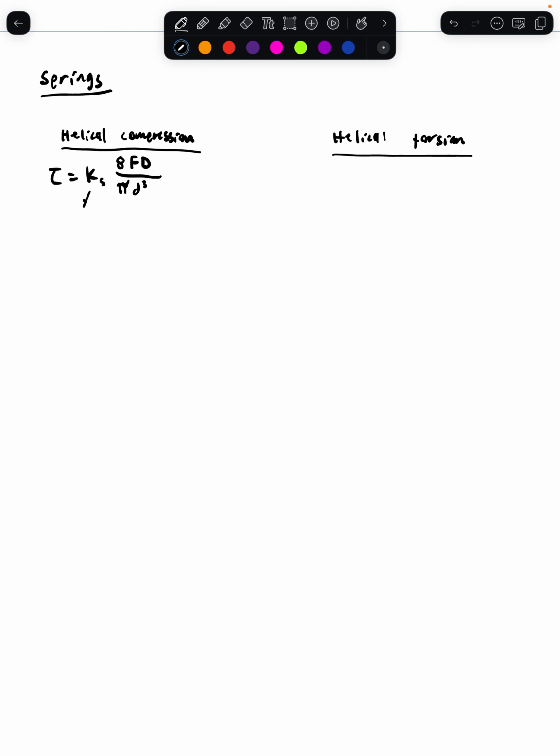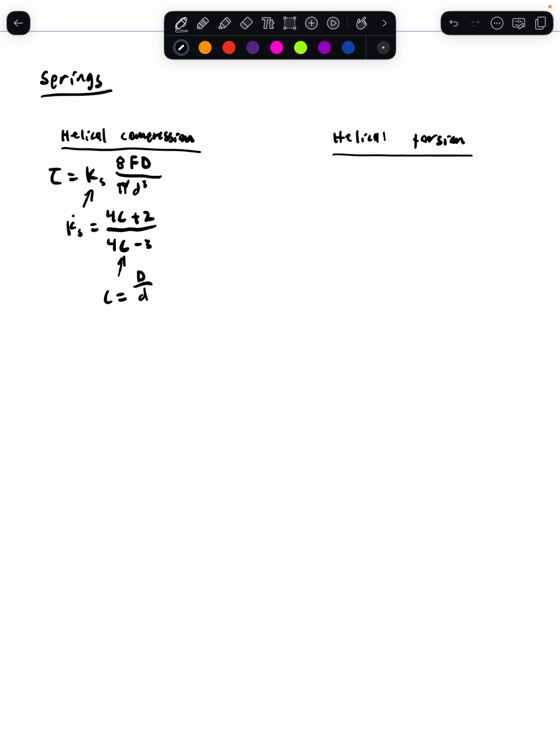Now this Ks right here is 4 times this constant C plus 2 divided by 4 times C minus 3, and this C is big D, so the mean spring diameter, over little d, which is the wire diameter.